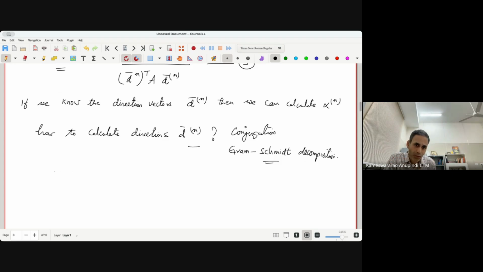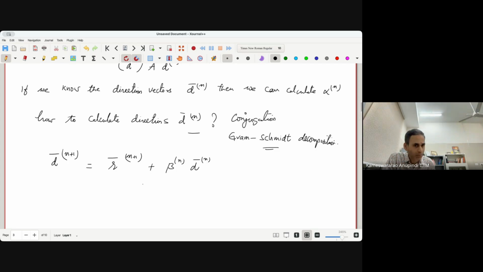So what we are trying to do is say that every new direction d n plus 1 can be obtained from the residual R n plus 1 plus beta n dn. We say that every new direction should satisfy this relation. What does this relation mean?